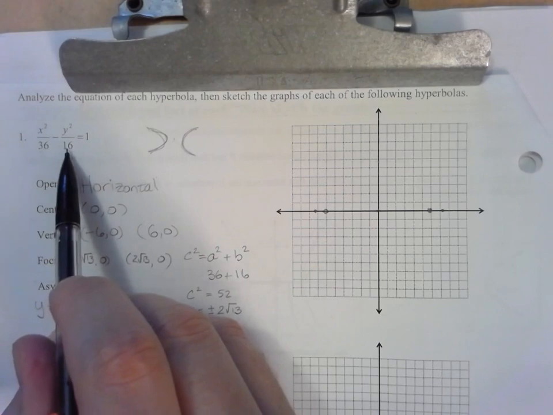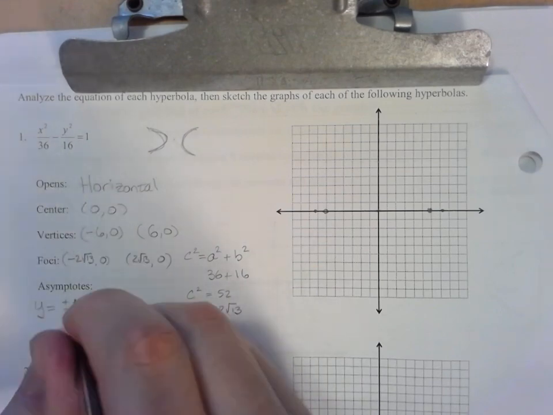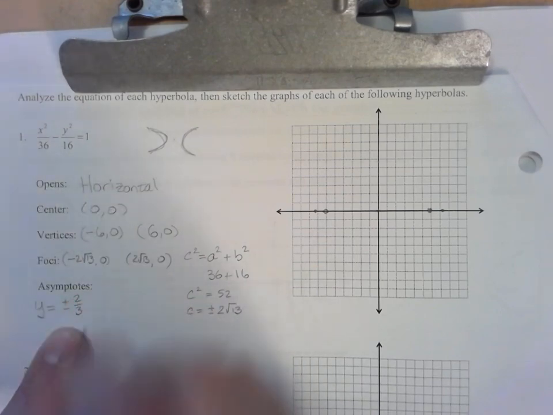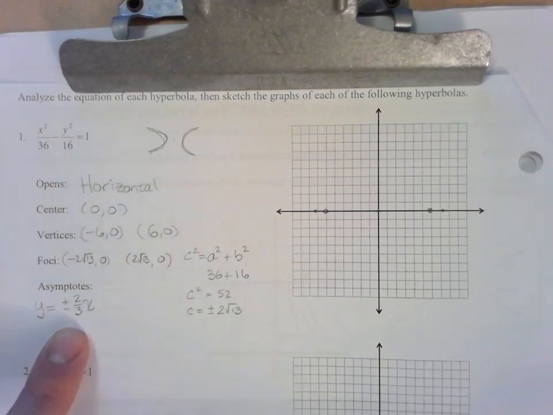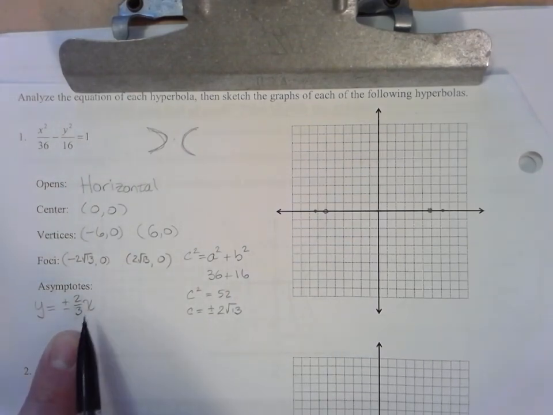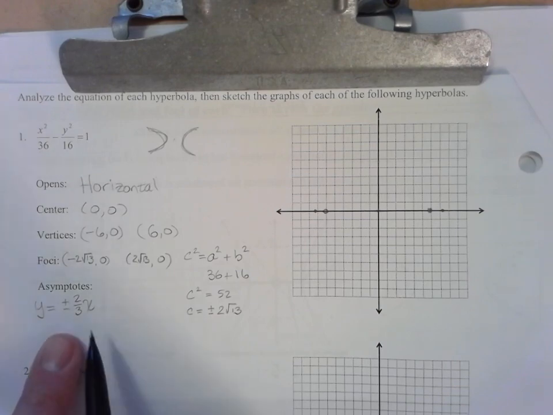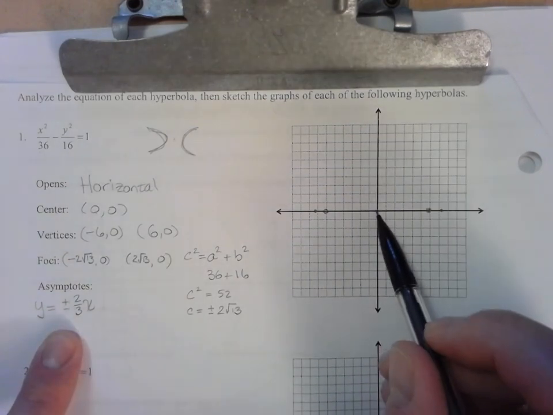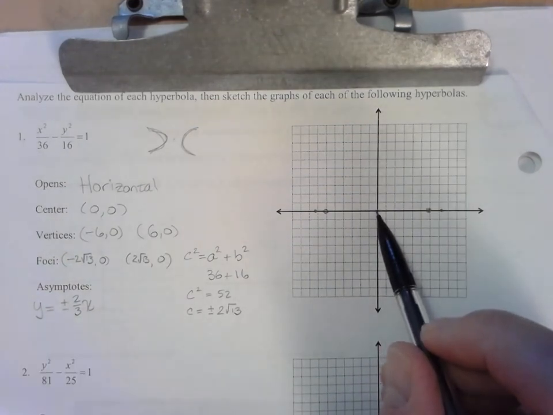So that's 4 over 6, which means 2/3. So the slopes are 2/3 and -2/3. I also wanted to pass through 0, 0. This is a point slope formula because I'm not subtracting to the x-coordinate and not subtracting to the y-coordinate. When we do a more challenging one, it's going to be important that we adjust the asymptote equation to pass through a center when it's not 0, 0. So this is what we're going to do.